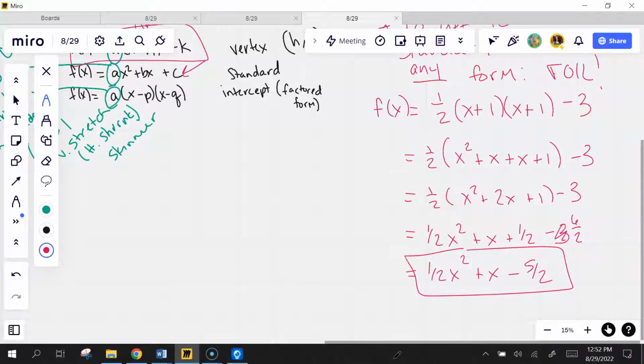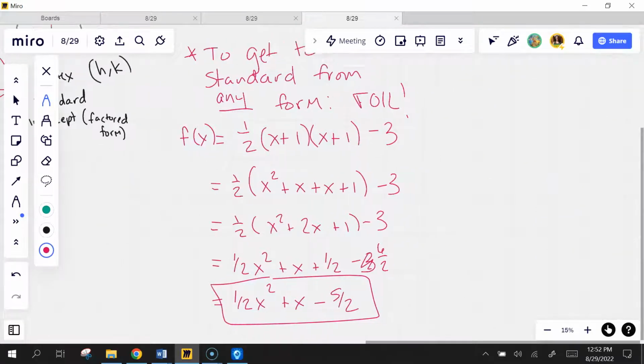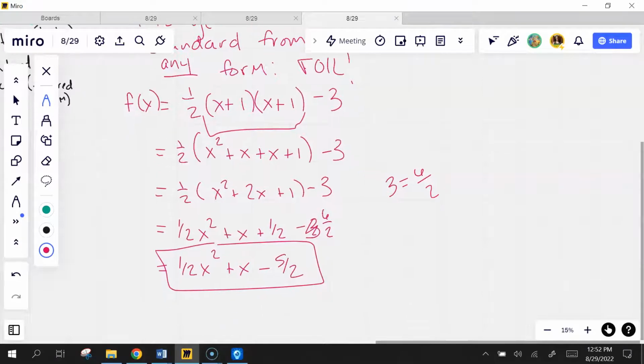Y'all all okay there? Okay. So I multiplied these two together first, simplified it, and then I took the 1/2 to everything. Combine like terms. 3 became 6/2, so I could combine it with the 1/2. Gave it a common denominator.